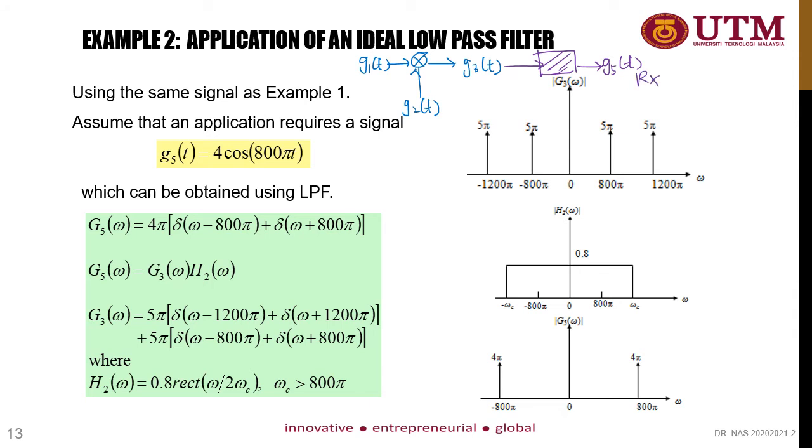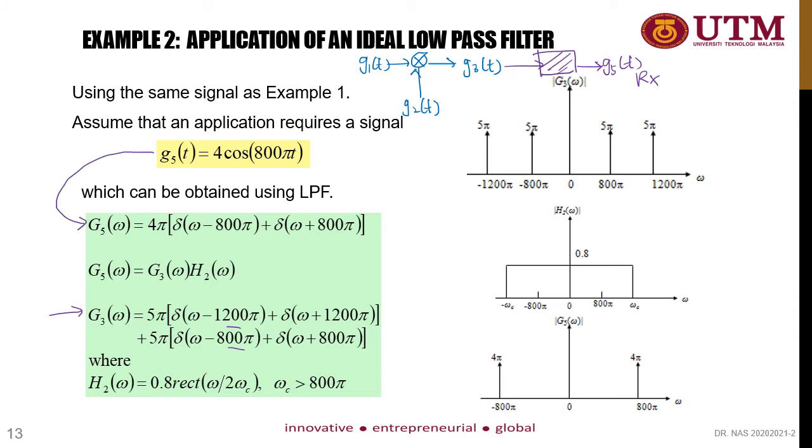Okay, so from the earlier example, G3 in the frequency domain equals this equation, in which we have two different frequencies, 1200 pi and also 800 pi, both in positive and negative frequencies. However, the final output required is G5 when converted into the frequency domain.